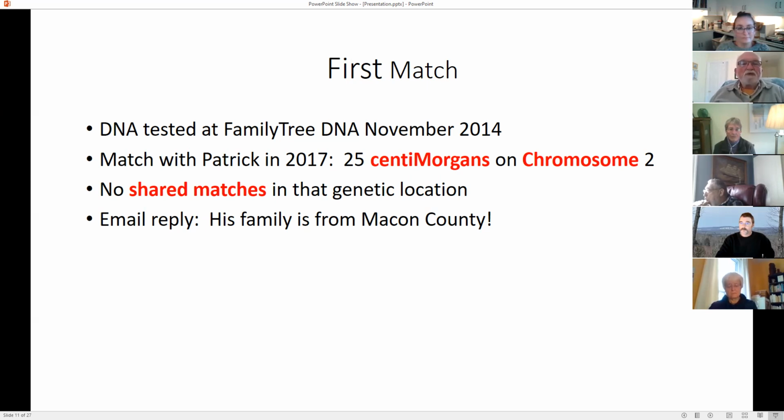This match was at 25 centimorgans, and it was on chromosome 2. So let me just define the terms in red. A centimorgan is a genealogical term, actually, that is more or less a measure of how closely you relate to somebody. It actually measures probabilities, but basically you can think of it as how close am I to this person?